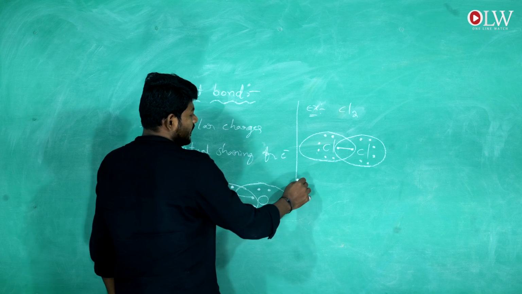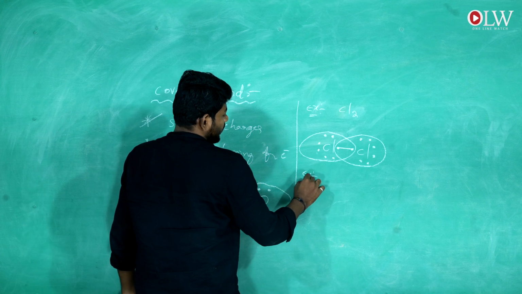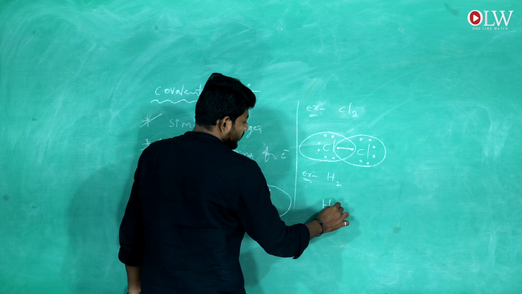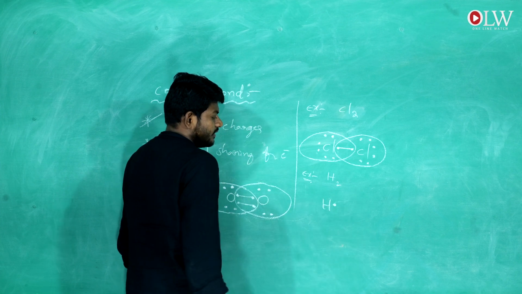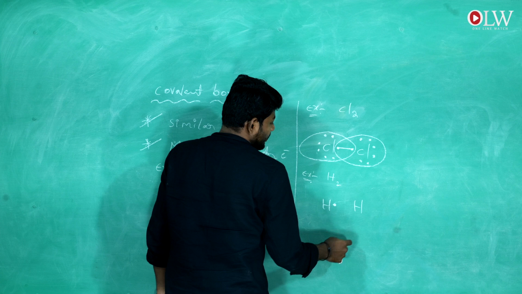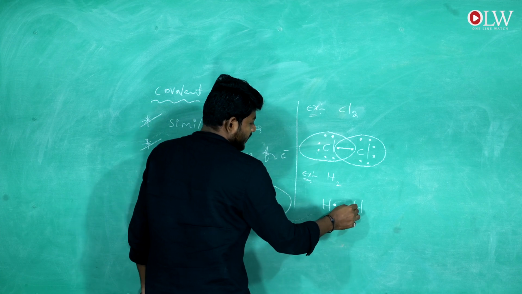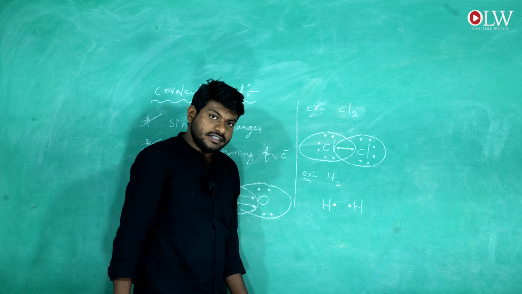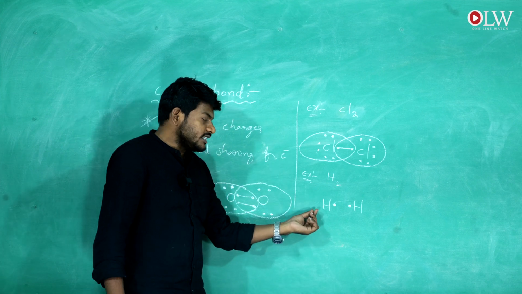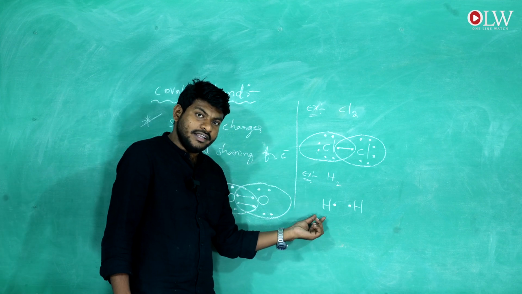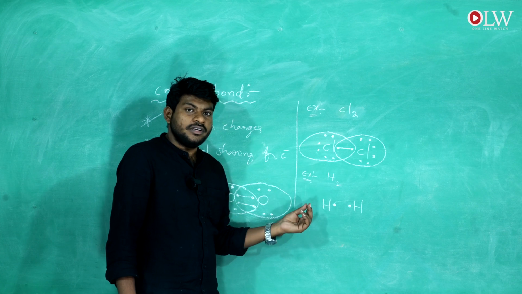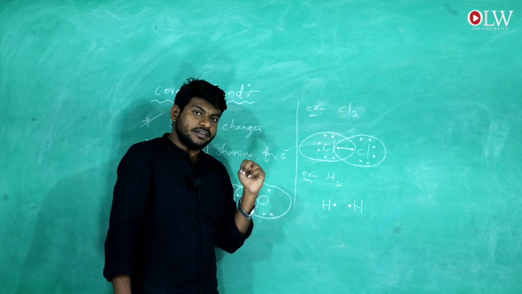Like that, let's see another example. H2 molecule: hydrogen contains only one valence electron in its outermost shell. At the same time, this hydrogen also contains one electron. Here, as we already discussed in the previous class, the exception is hydrogen and helium, which have only a duplet configuration. So in their outermost shell, only two electrons are there.